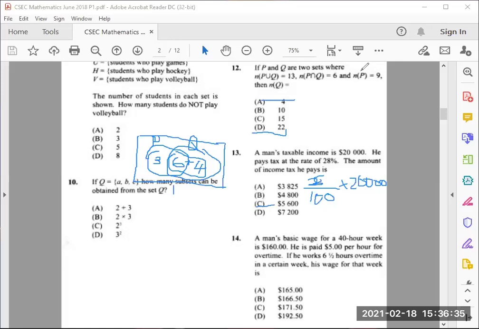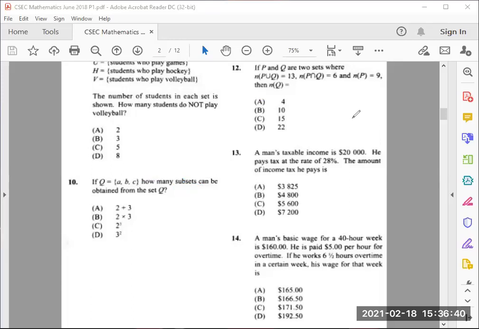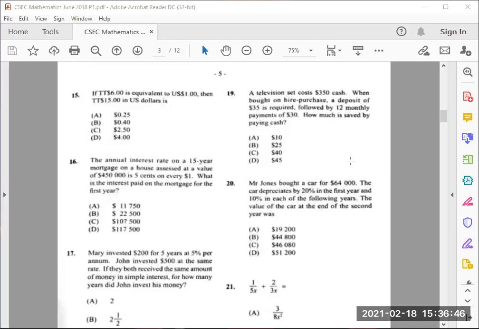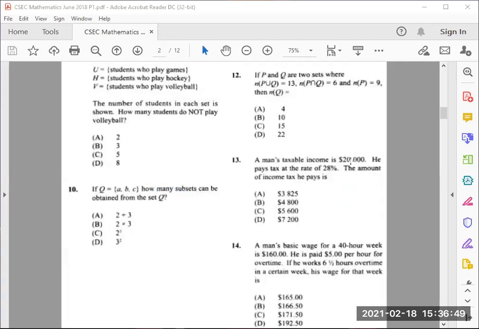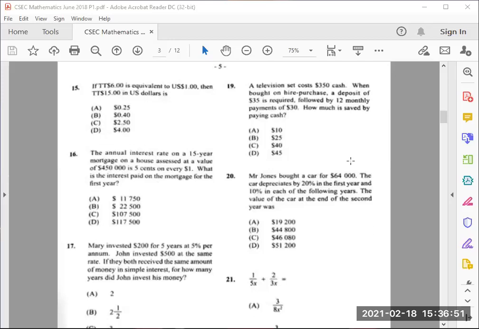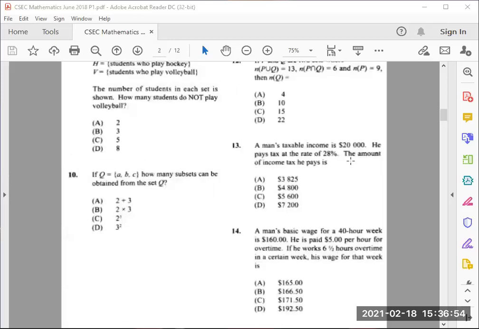Okay. All right. So let's move on to number 13. A man's basic wage for a 48-hour week is $160. He is paid $5 per hour for overtime. If he works 6.5 hours overtime in a certain week, what is his wage for that week?